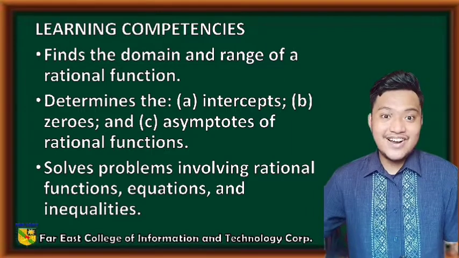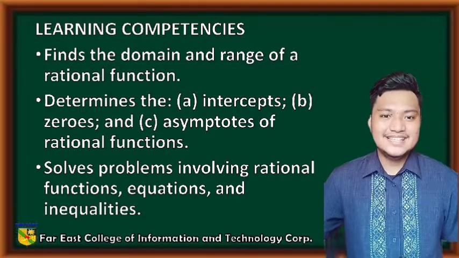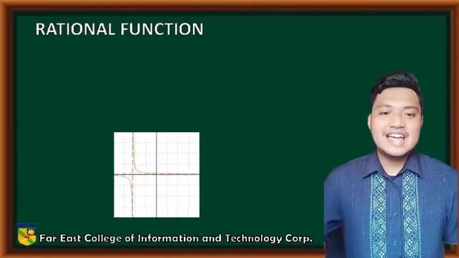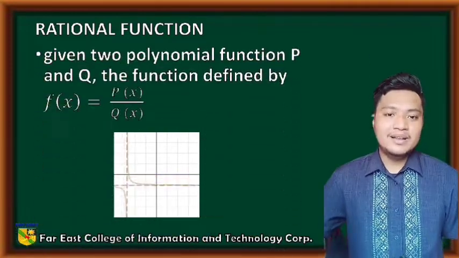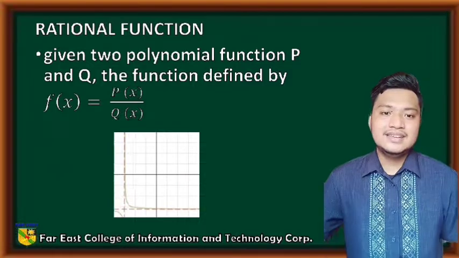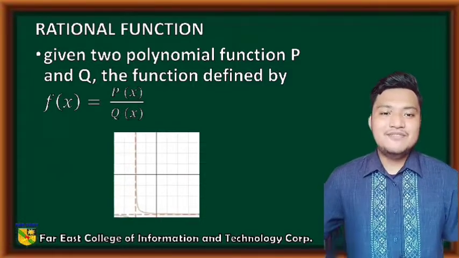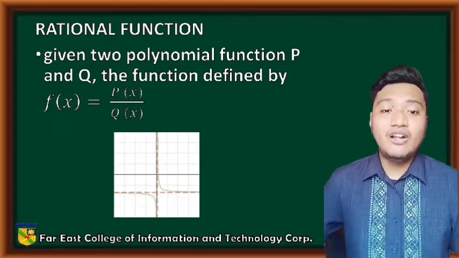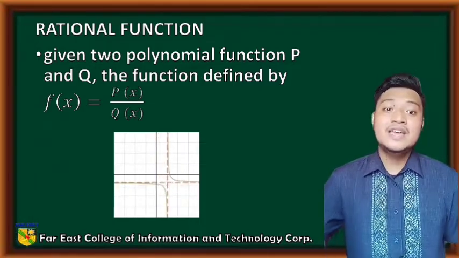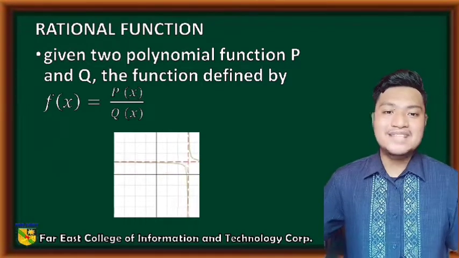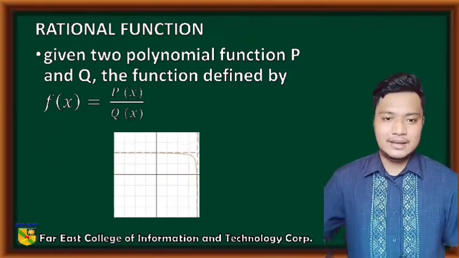So let's start to discuss what is a rational function. When you say rational function, given two polynomial functions, p and q, take note that a polynomial function is a function that involves only non-negative integer powers, or only positive integer exponents.